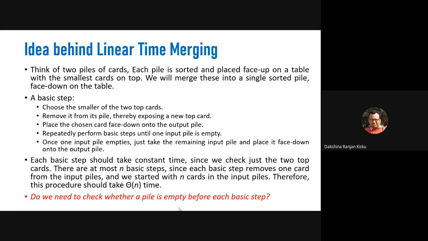Now there is a question: do we need to check whether a pile is empty before each basic step? Every time we remove a card from the two sorted piles, a new card will be exposed. Every time we need to check whether the pile is empty or not, that means whether all the cards have already been placed face down on the output pile. After removing one card, we need to check whether the input pile is empty or not. That is why the question is posed: do we need to check whether a pile is empty before each basic step?